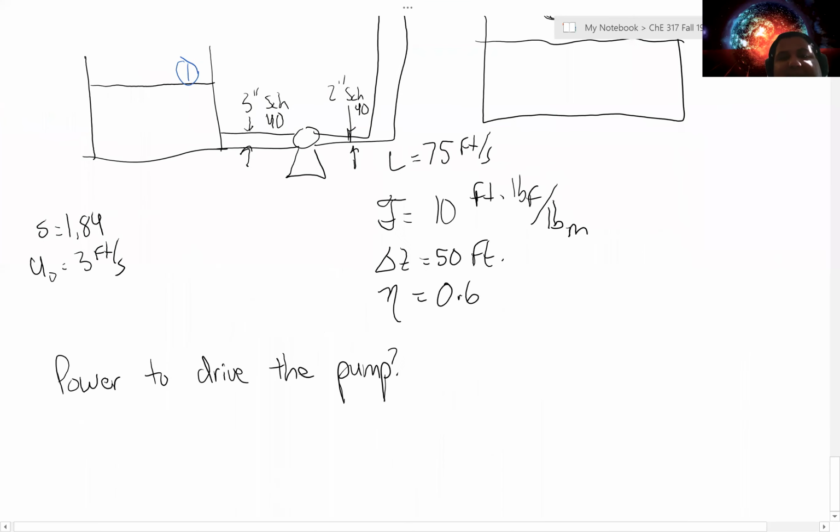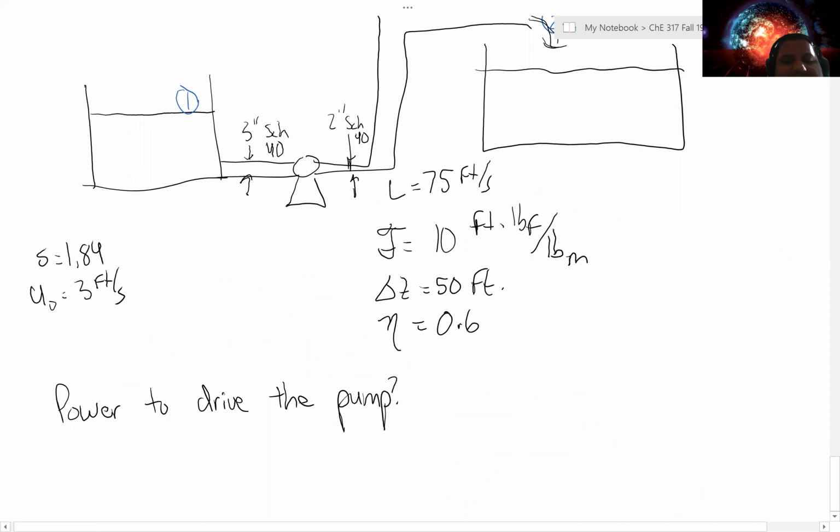Now, one thing we have to talk about, as it states in the problem, is what it means by schedule, pipe schedule. In the back of your text, McCabe, Smith, and Harriott, in the appendices, you'll notice in Appendix 3 that it has dimensions, capacities, and weights of standard steel pipe.